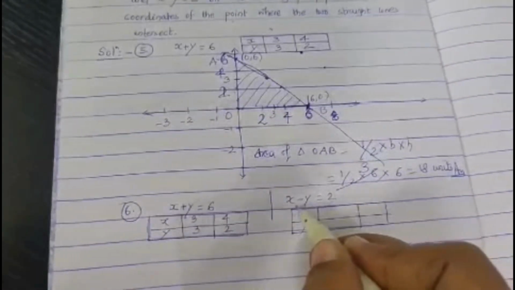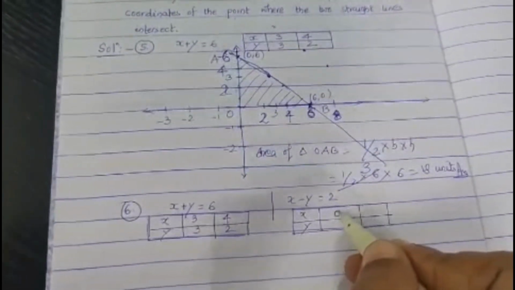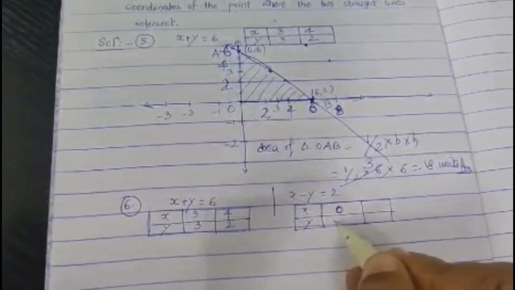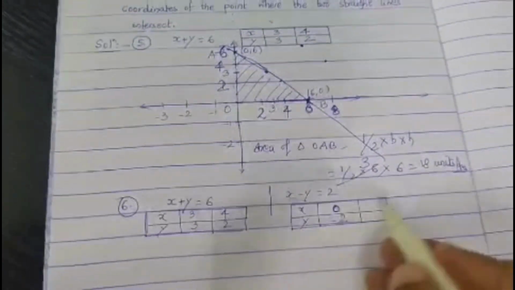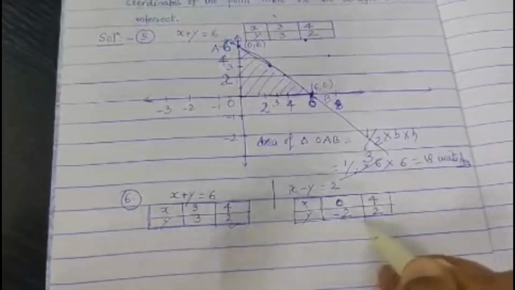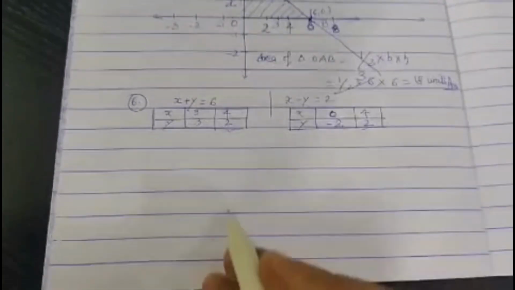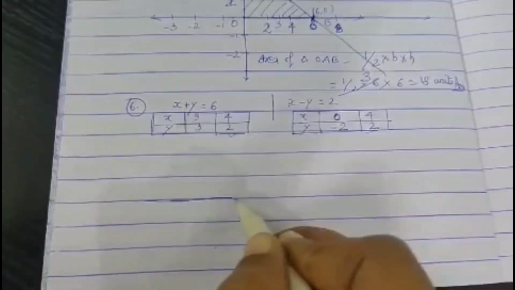Suppose x is 0, then y will be minus 2. Okay. And when x is 4, then y will be 2. These two values are the same. You can see it. So basically this will be the point where these two graphs intersect. Let's see it graphically.